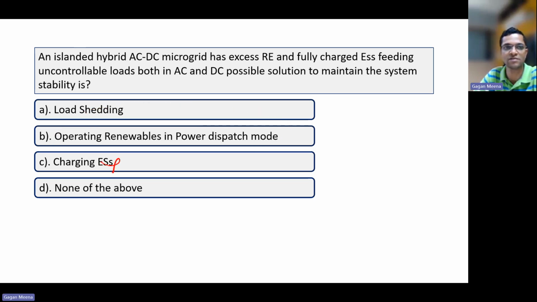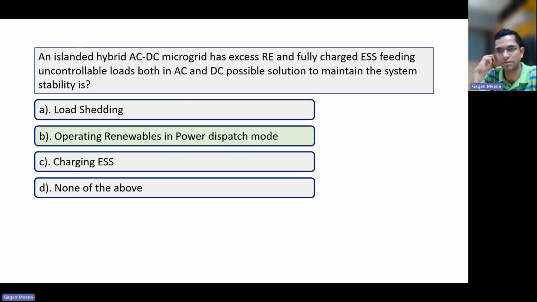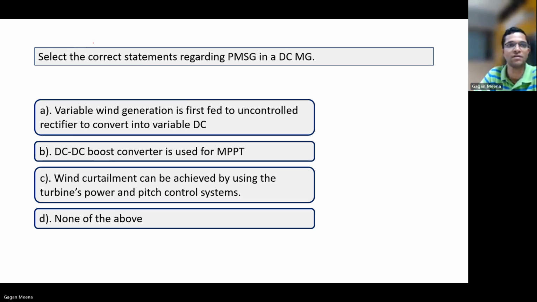We cannot charge, load shedding is not required, only generation is more. That means fix the power to the value which is required to meet the load. That is sufficient.